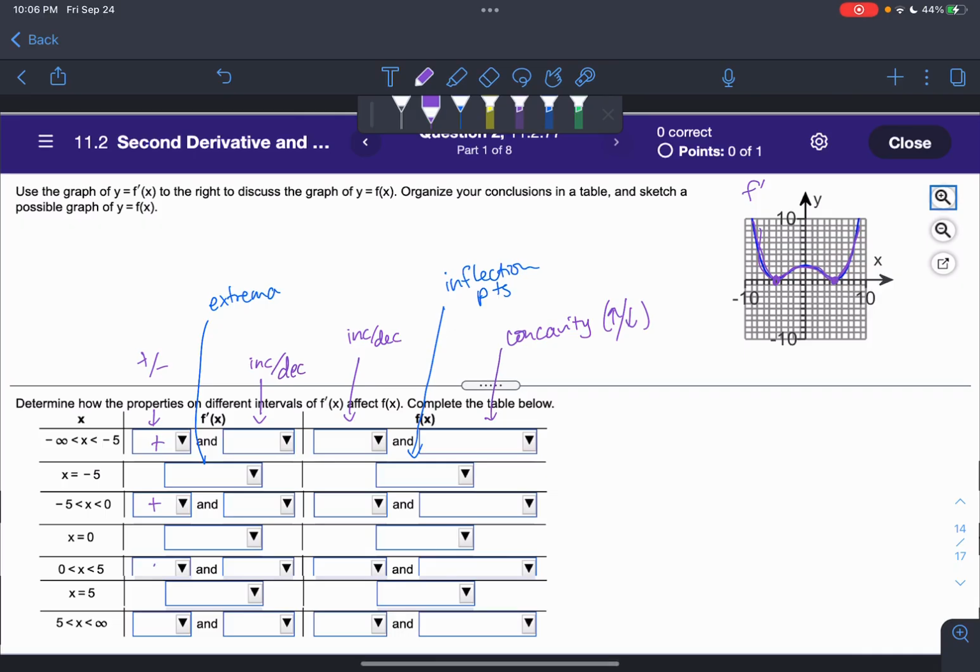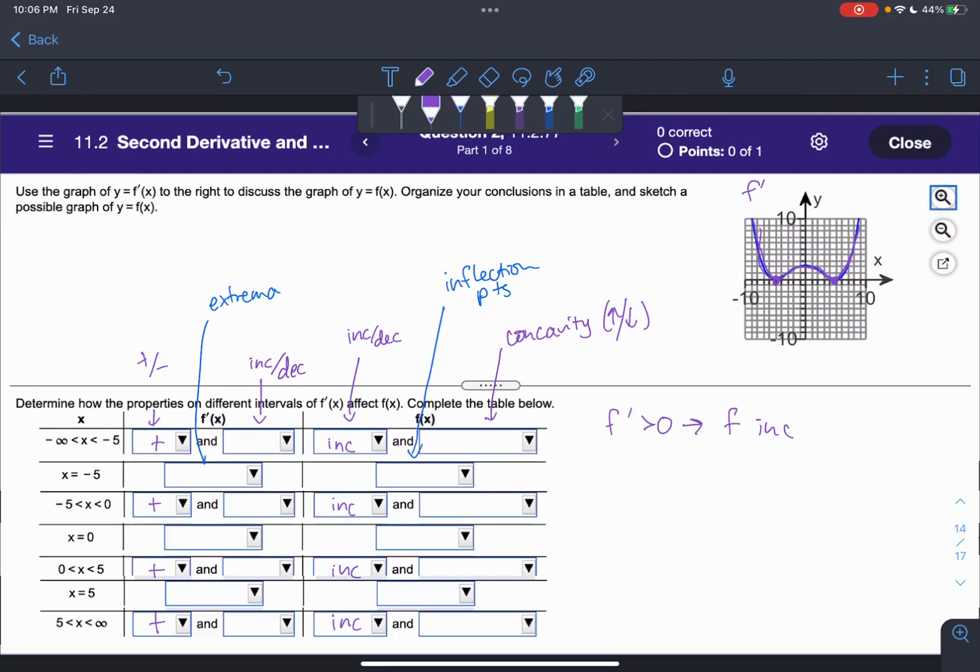And when my f prime of x is positive, that means that my f is increasing. So all of these are going to be increasing. So it's actually not too bad. All right, so we just got rid of all those.